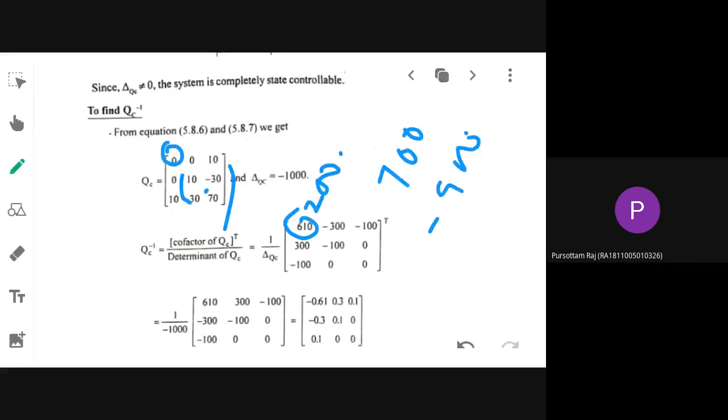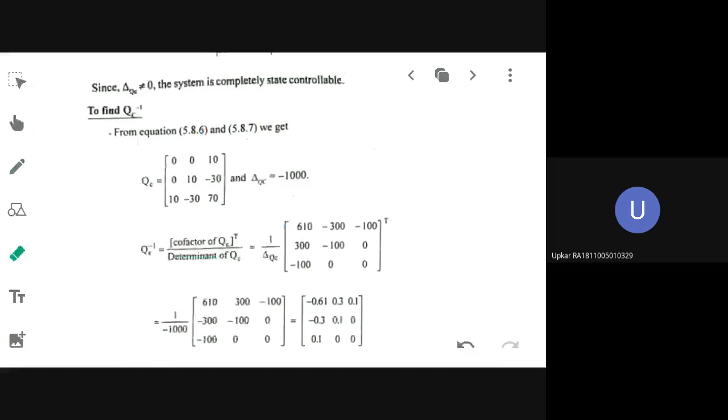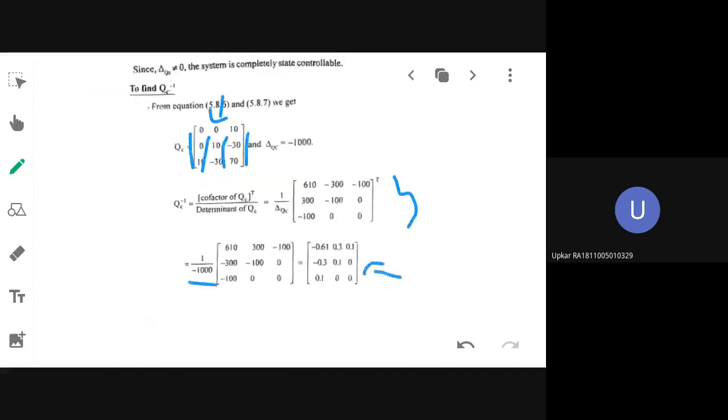For each and every element you find the adjoint, and you give alternating signs as usual. So for 0 you will take this adjoint like that. You will frame this and then take the transpose, and the determinant, as you have already seen, is 1000. So you will find QC inverse this way.